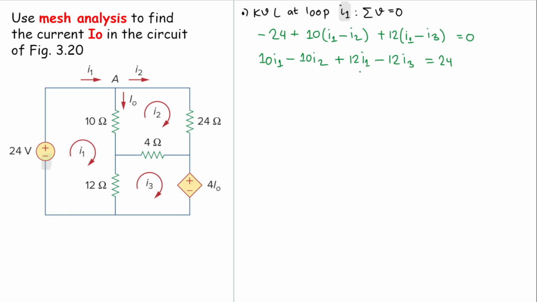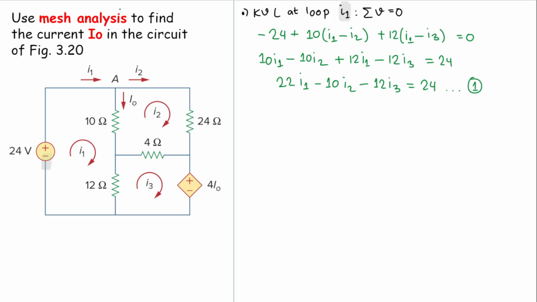Okay, and then 10 plus 12, that will be 22. 22 of I1. Then minus 10 of I2. And then minus 12 of I3. And all of that will equal 24. Okay, let's save this as equation number 1.